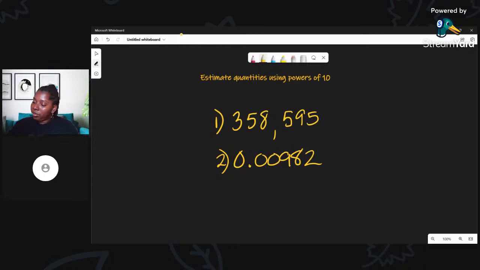So I want you to write both of those as a power of 10. And then just put your answer in the chat.